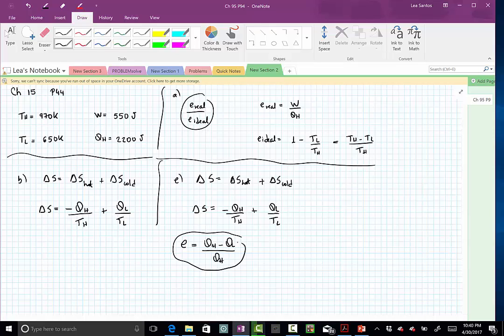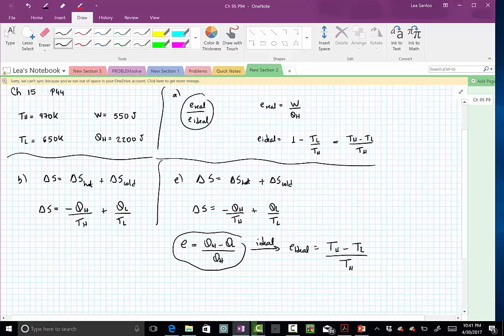Now, in the case of the ideal one, I also know that the efficiency is TH minus TL divided by TH.